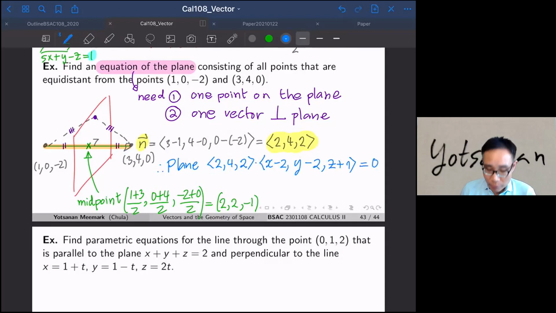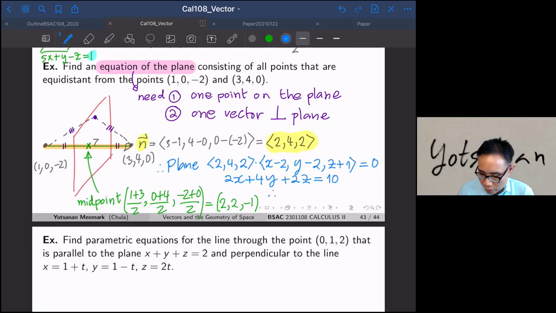You may expand this one, so you would get 2x plus 4y plus 2z equal to, let's calculate, minus 4 minus 8 plus 2, which is minus 10, so it's 10 on the other side.